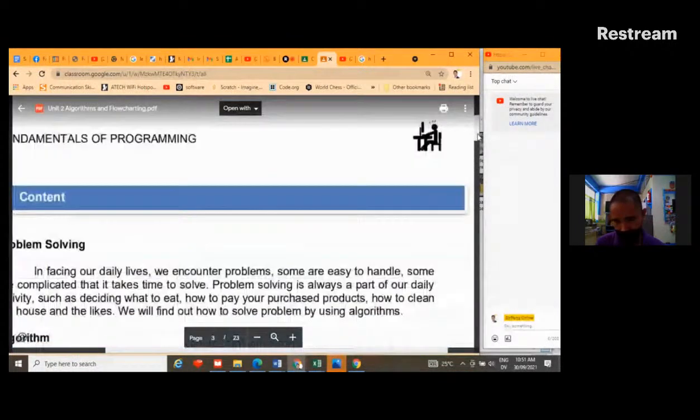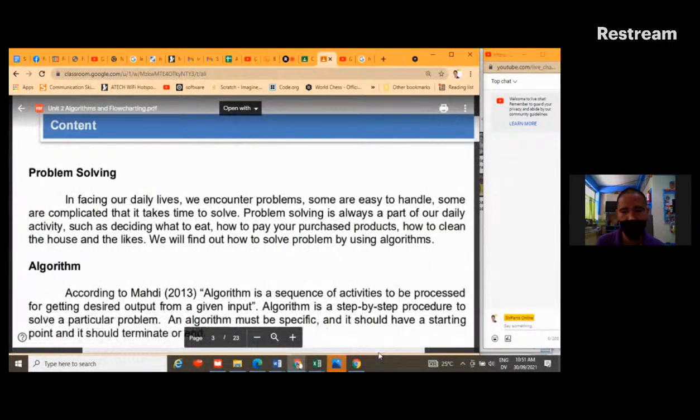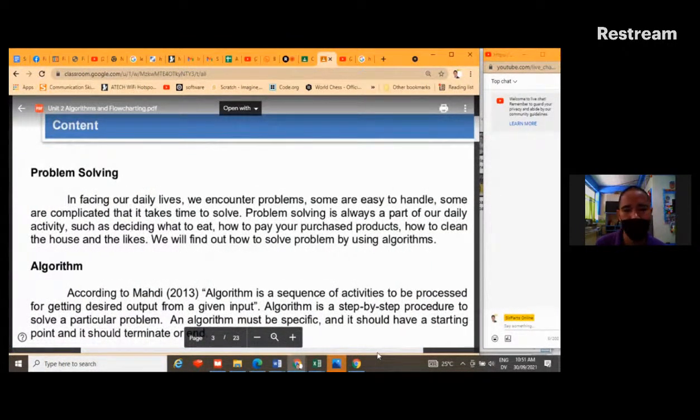And let's proceed now. This is the content. To read this one, and I'm going to do my best to explain this to you in Filipino or in dialect in order to gain a more understanding on this particular topic. So, problem solving.